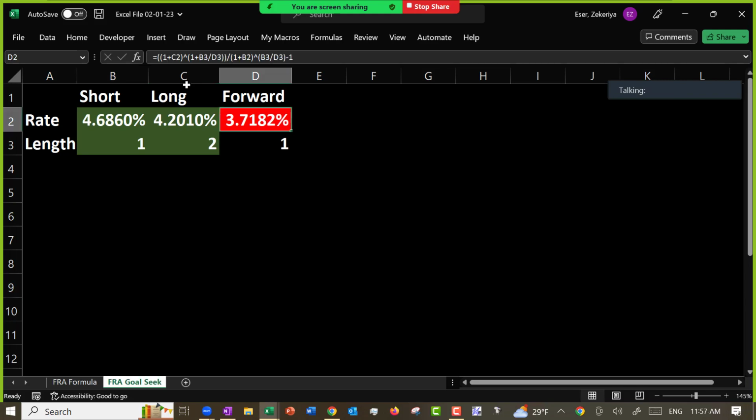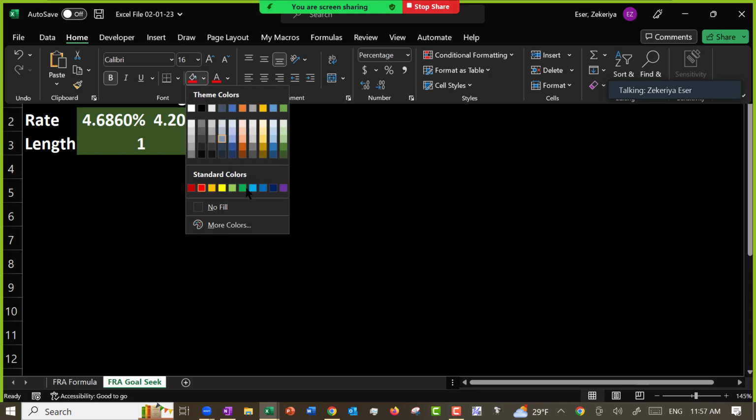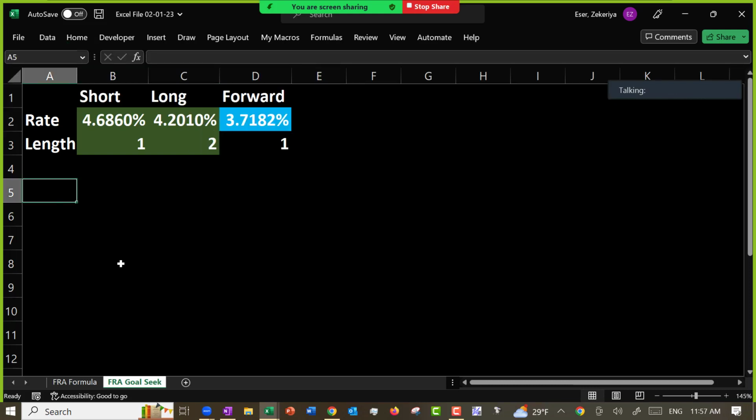Okay, I'm going to make that into a blue cell, not purple, blue. I'll do this. PV of short.